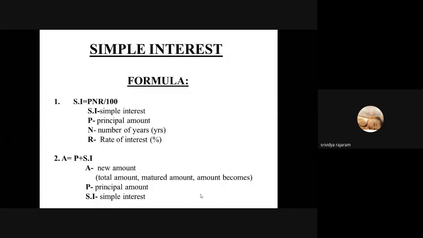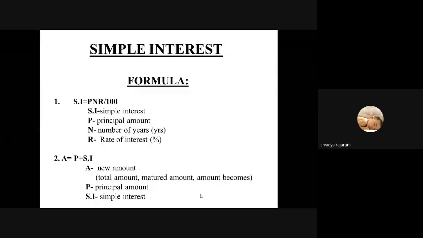Am I clear? If it is given in terms of months, for example, 18 months, 20 months, or 10 months, you have to first convert those months into years, then substitute the value of N in the formula. How to convert months into years? It is very simple. Divide the given months by 12.